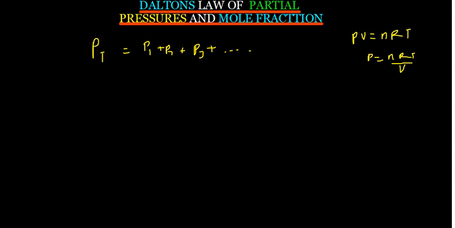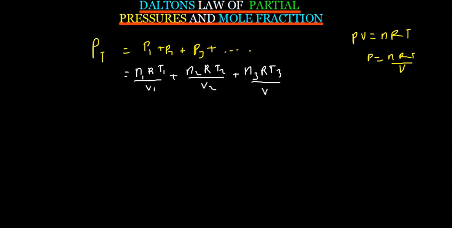So pressure 1 is N1 multiplied by R multiplied by T1 divided by V1, plus N2 multiplied by R and then T2 over V2. We also have N3 multiplied by R. For R, I'm not putting 1, 2, or 3 because it is a constant. It is the same for everything.